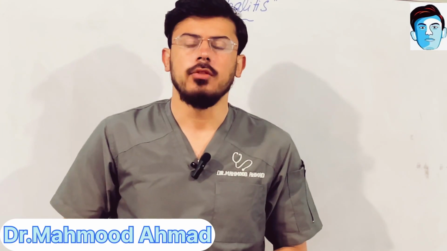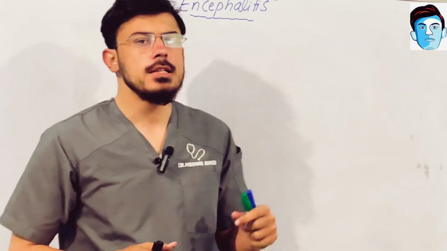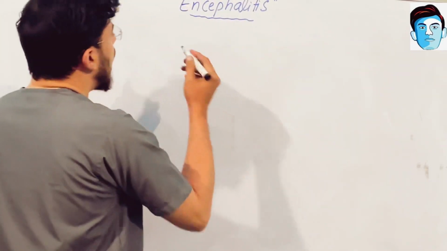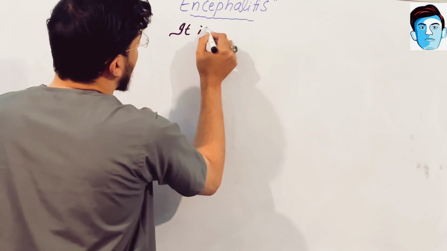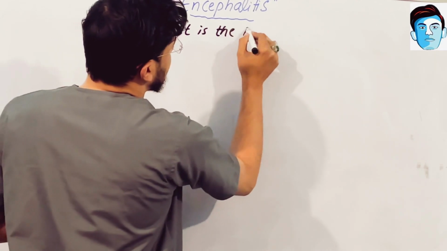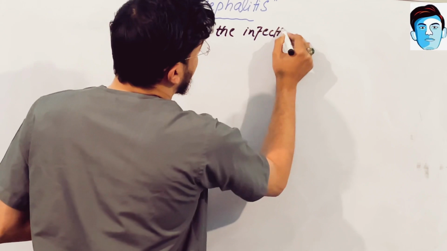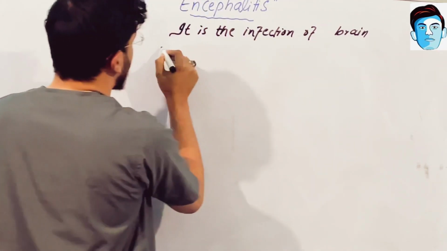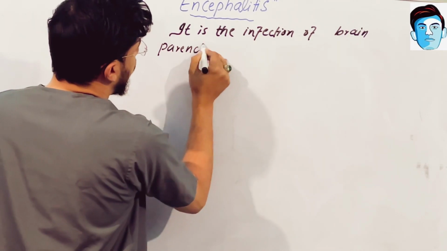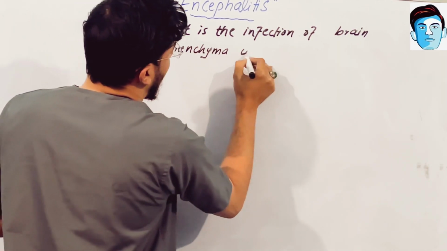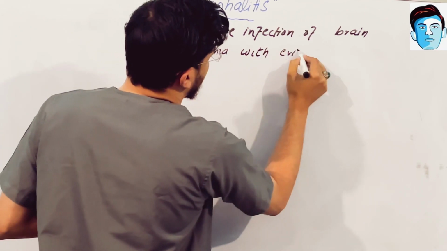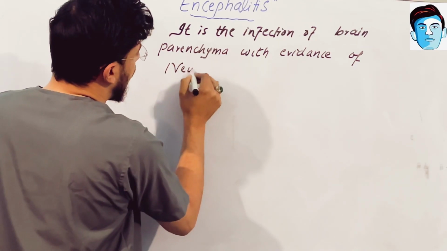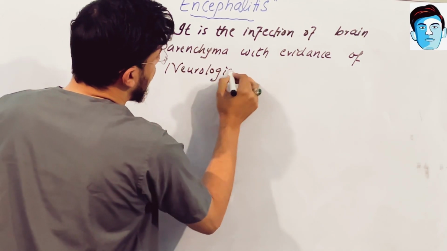In the video series of Neurology Medicine, today I will discuss encephalitis. So what is encephalitis? Encephalitis is the infection of the brain parenchyma with evidence of neurological dysfunction.